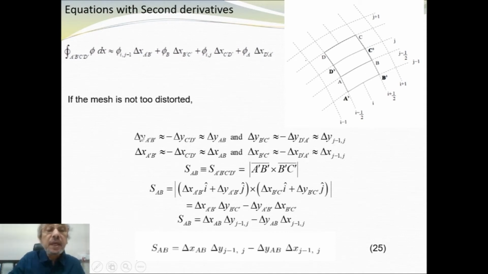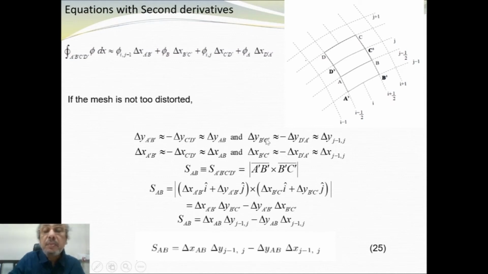So this way delta y a prime b prime, then delta x a prime b prime, such quantities have been calculated, so that finally a prime b prime is what? Delta x a prime b prime i plus delta y a prime b prime j. And what is b prime c prime? B prime c prime is delta x b prime c prime i plus delta y b prime c prime j. So this is multiplication of these two quantities, and we take the mod value of that.